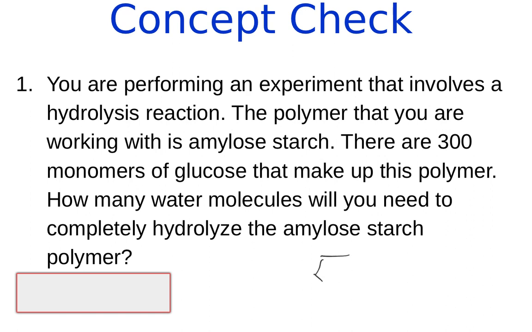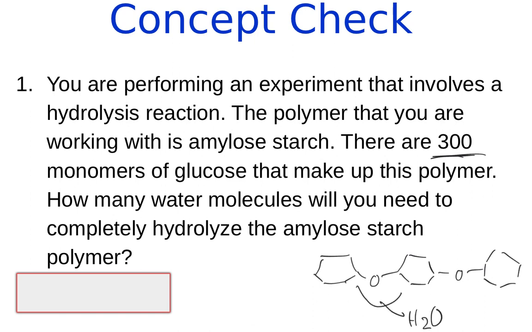All right, so if you think about it, if I have a starch and it's attached to another starch, it's attached to another starch, and I want to take it apart, and it's 300 long, for every two monomers that I'm going to break apart right here, I'm going to lose a water. How many of these guys am I going to need?